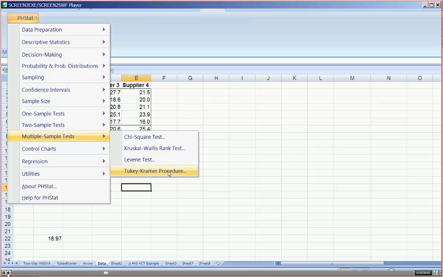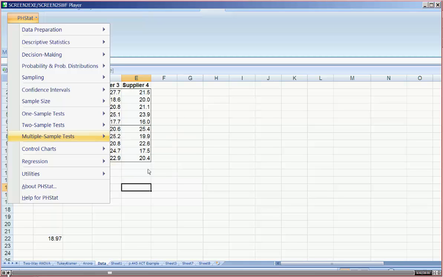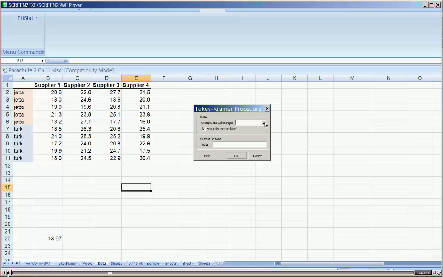The Tukey-Kramer procedure here will not even allow us to do the entire two-way ANOVA type analysis for both factors. As usual, we're going to select the range here.